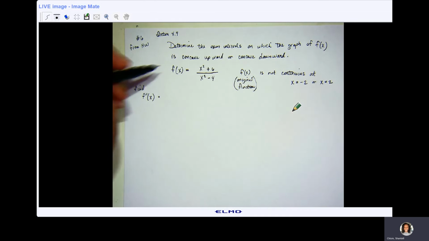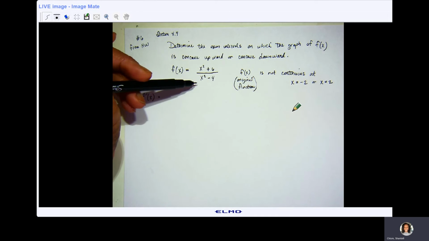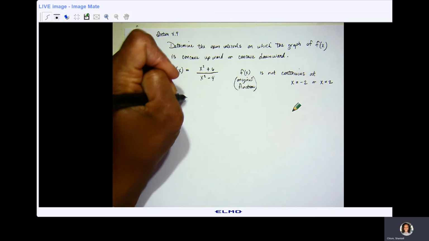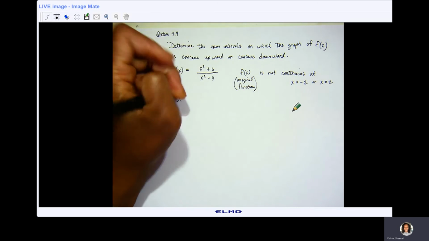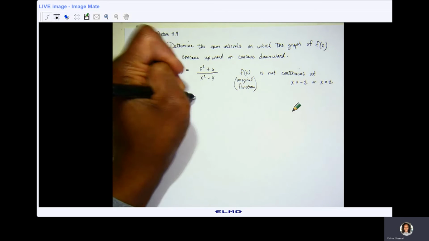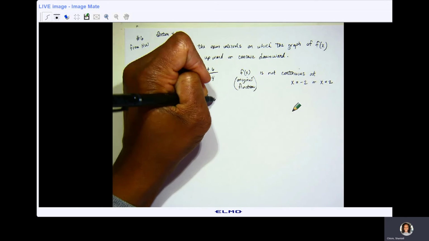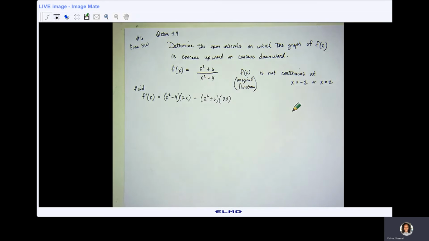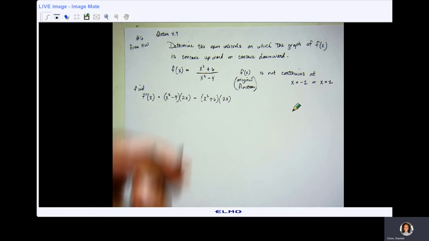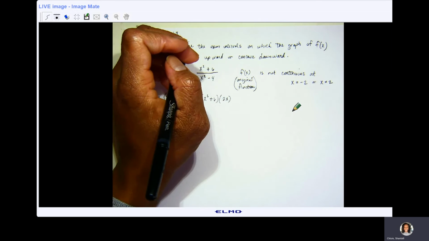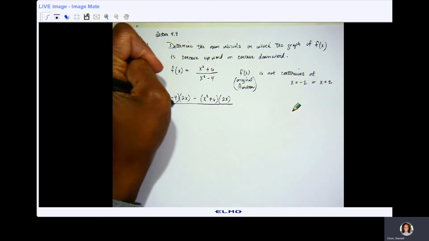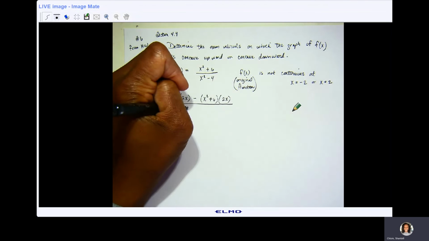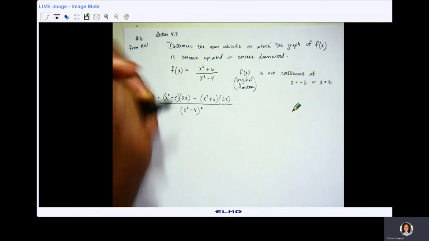So it's going to be x squared minus 4, times the derivative of the top, which is 2x, minus the top, x squared plus 6, times the derivative of the bottom, which is 2x, all over x squared minus 4 squared.